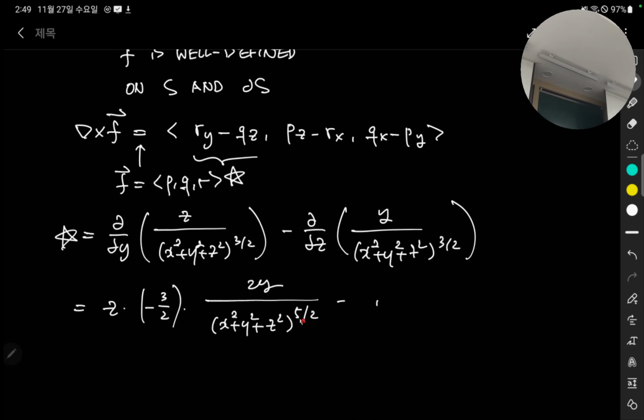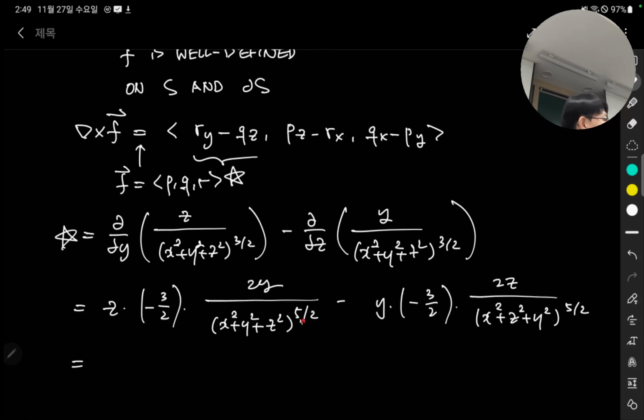So it's y times minus 3 over 2 times 2z, and (x squared plus y squared plus z squared) to the minus 5 over 2. You can see they are exactly the same thing, subtracted from each other, so it's 0.